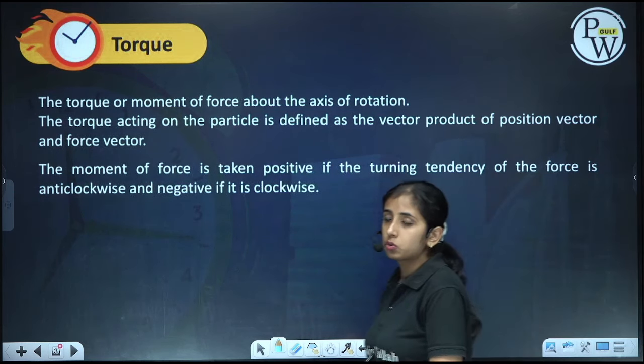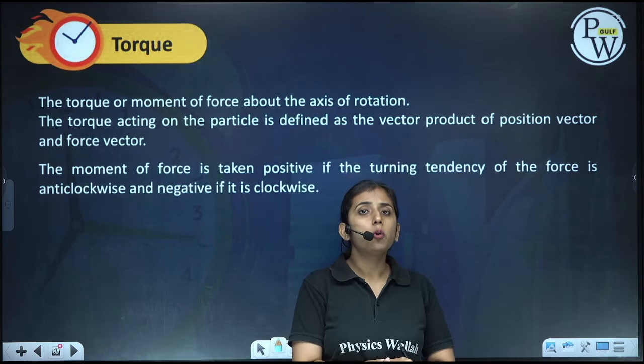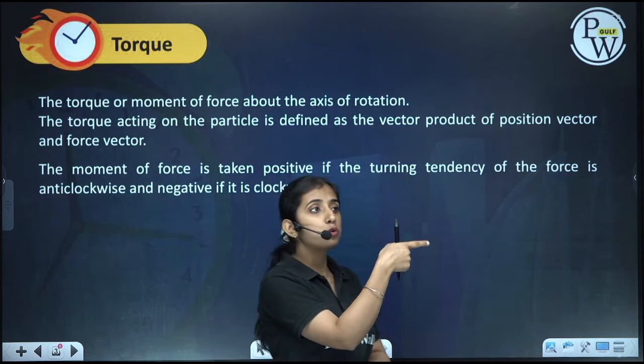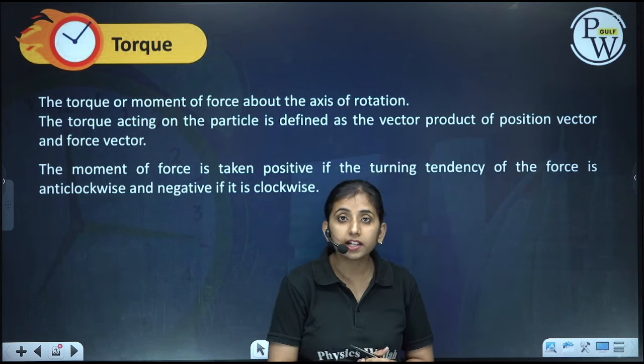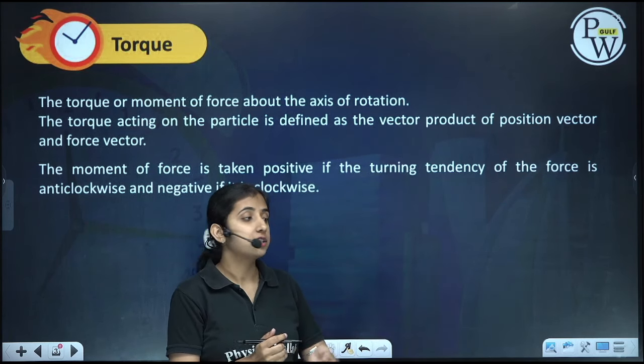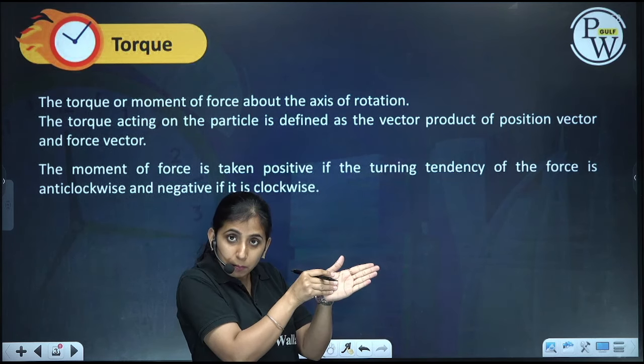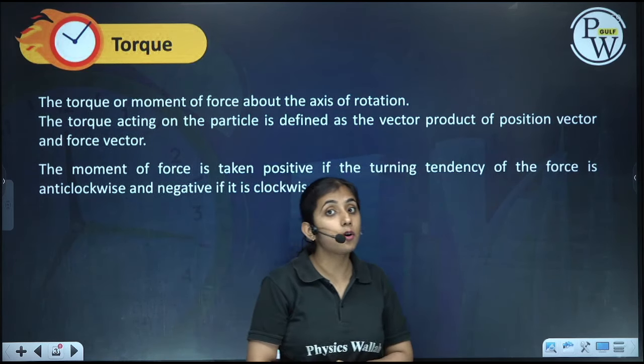So what is torque? Now see, can we open the door by applying force anywhere? Just apply the force on the hinge. Can you open it? No, we cannot open it. Can we open the door by applying a force parallel to the plane of door? No, we cannot open it.